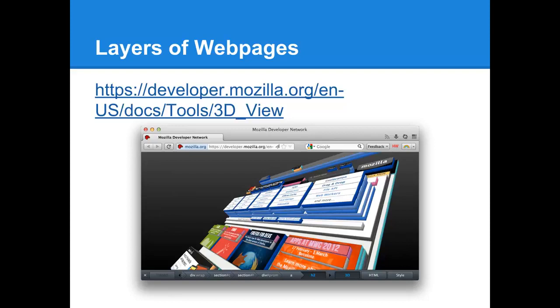And it is a 3D view in the Firefox browser, and allows you to view web pages in a 3D form that shows you each layer going on. It may be iframes, it may be scripts, it may be images, and etc. It may be just URL links, and so on. But it at least shows you how much is going on, perhaps behind the scenes, that you don't see on web pages.